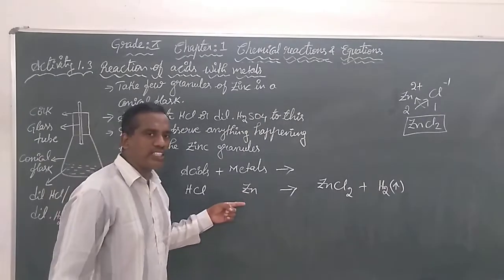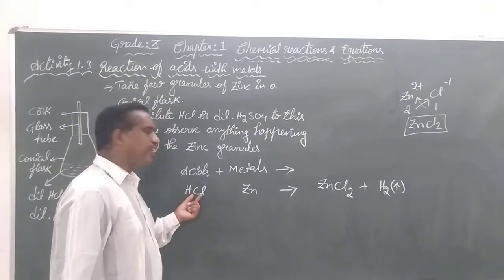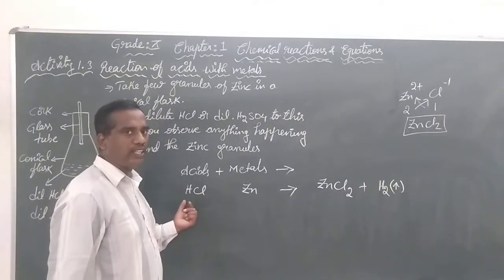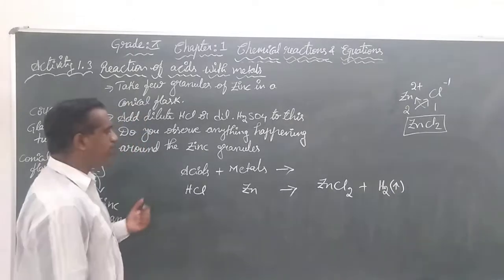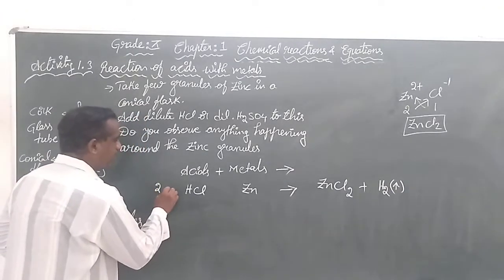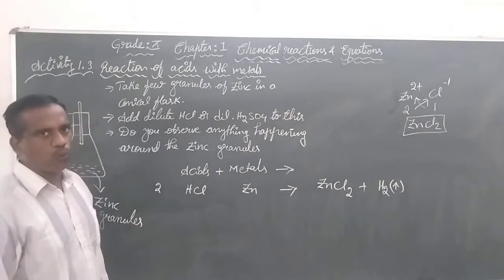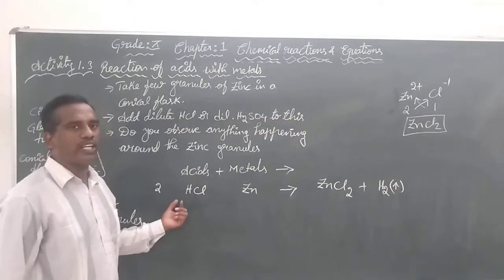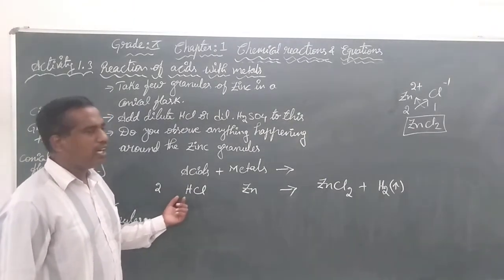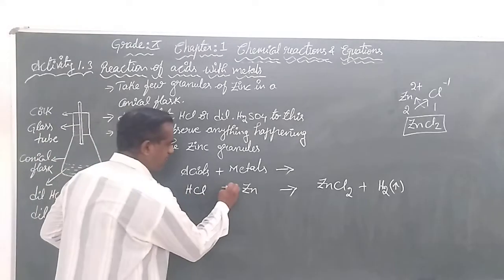Here we had 1 zinc, but on the reactant side we had only 1 chlorine in the hydrochloric acid. In order to balance, we write a number 2, meaning 2 moles of hydrochloric acid react with 1 mole of zinc.